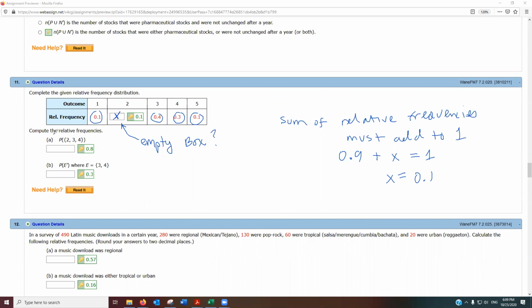All right, now they want me to compute the probability of 2, 3, and 4. Well, that's just asking me to add up the relative frequencies when X is 2 plus X is 3 plus X is 4. Let me start that again.